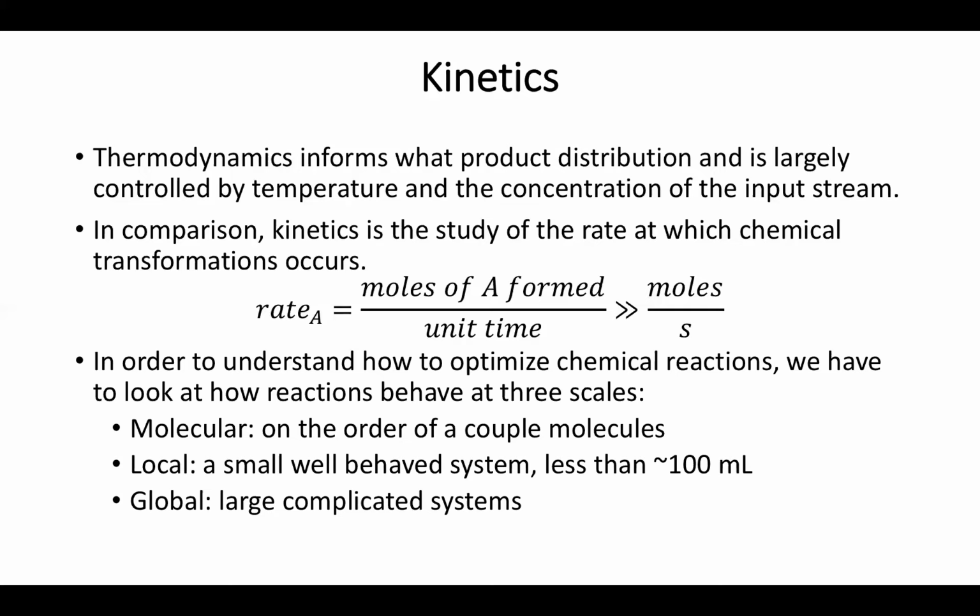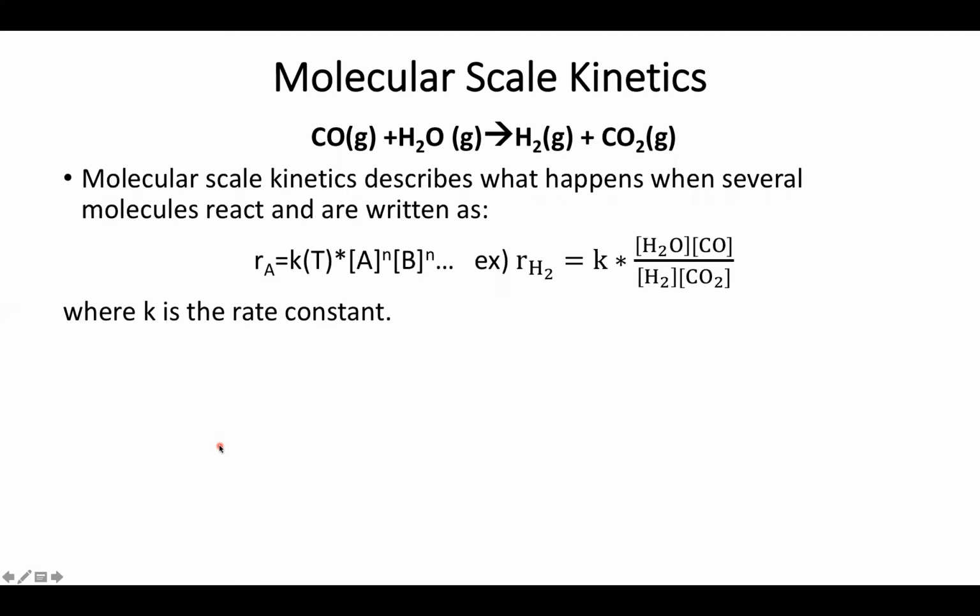So we're going to start with the most familiar scale, which is the molecular scale. So on a molecular scale, our systems will be fairly well behaved, and the rate of reaction can generally be predicted based on a rate constant, which should be a temperature dependent property, and the concentrations of each of our reactants and occasionally products, because it turns out that some reactions are product limited, as we can have a fair amount of back reactions slowing down our case.